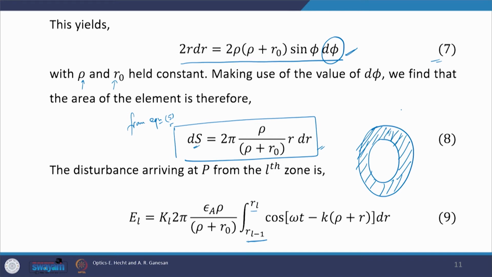considering in our discussion, and we name this as Lth zone. Say this is point of observation P, then this distance is r naught, and this is Lth zone.